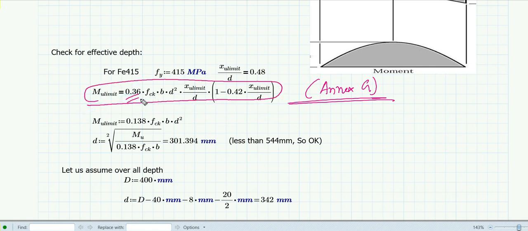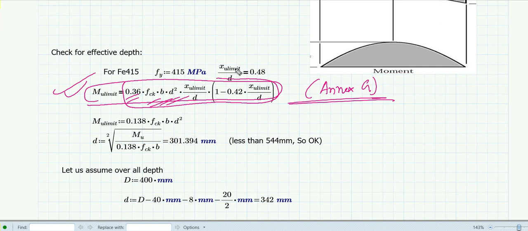I have also already discussed with you how this particular equation has been derived. I would suggest you to remember this particular equation.